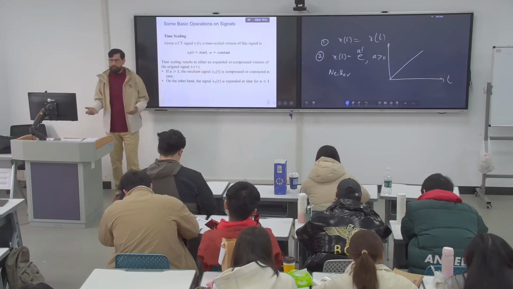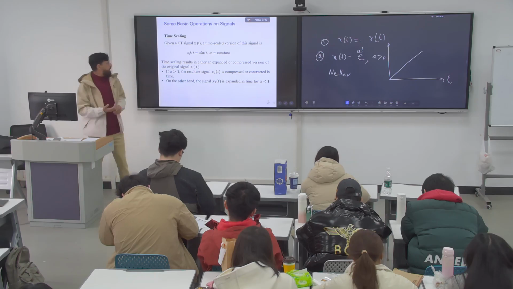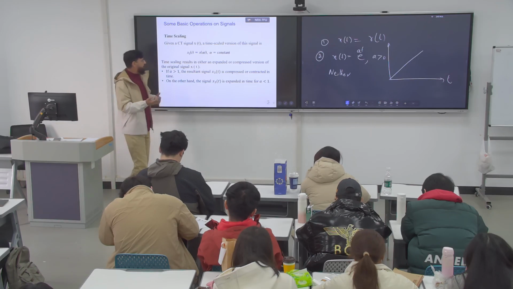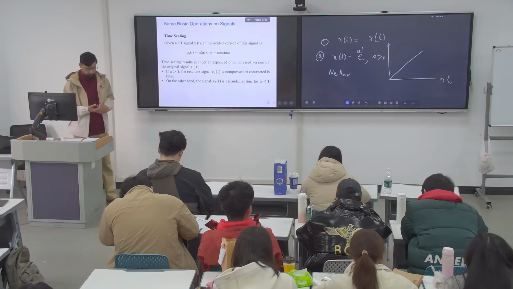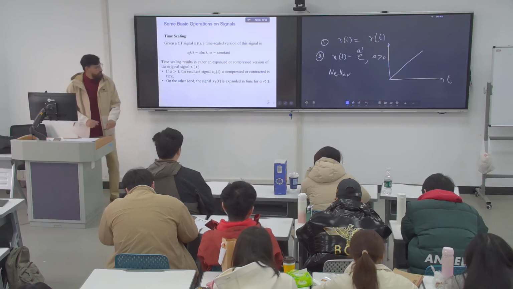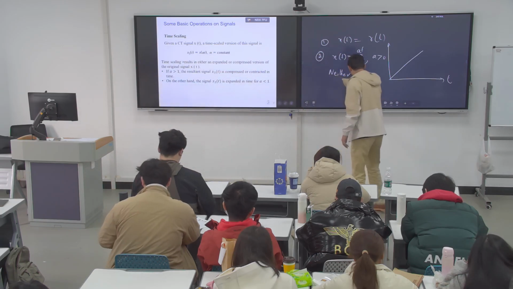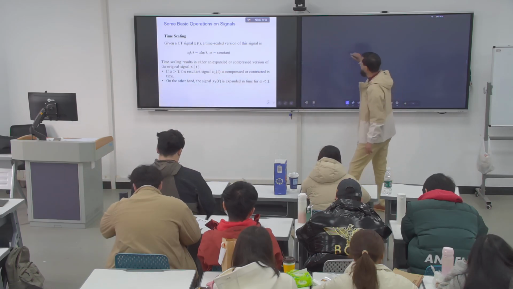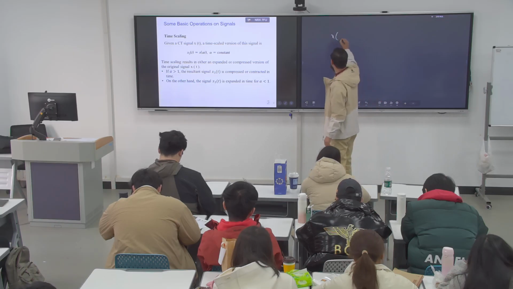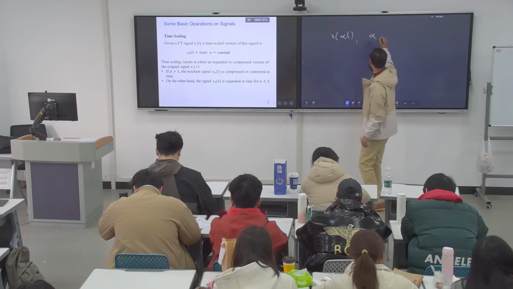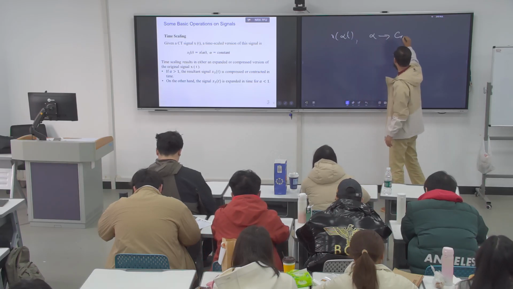And then time scaling. So here I'm time scaling a signal, x of alpha t, where alpha is a constant. So I'm scaling the signal. I have a signal, here is alpha t, where alpha is some constant.